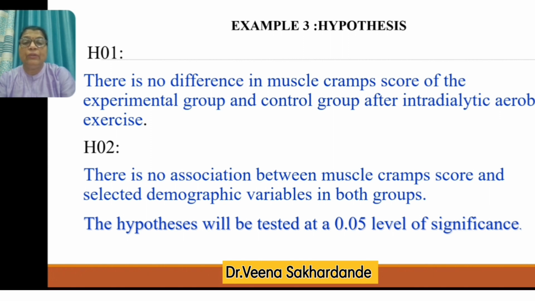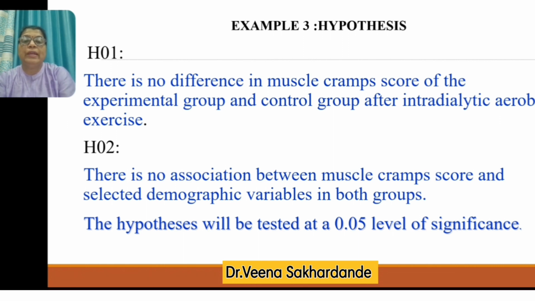Here there are two groups, experimental group and control group. So H01, there is no difference; and there is no association between the muscle cramp score and the selected demographic variables in both groups. So nowadays in the current scenario we write the hypothesis for the association also.